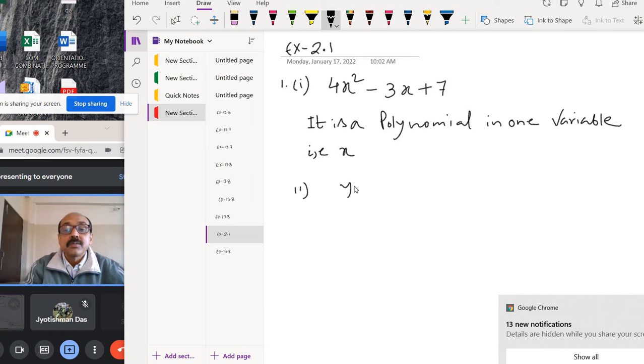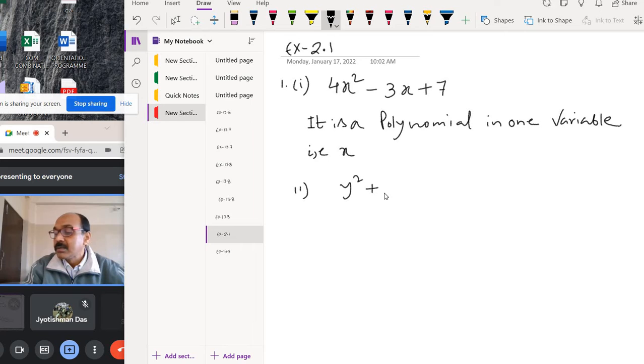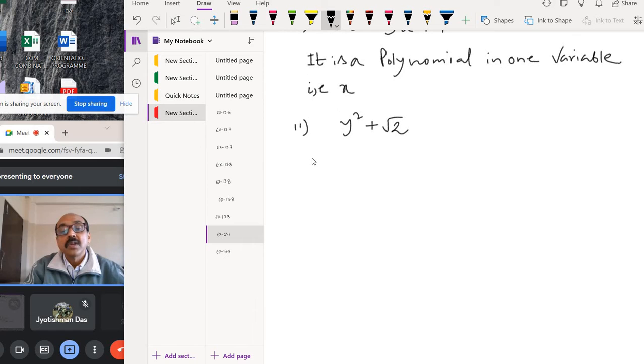y square plus root 2. So y square plus root 2, is this expression a polynomial or not? It is not a polynomial.